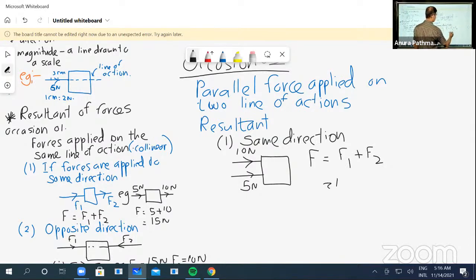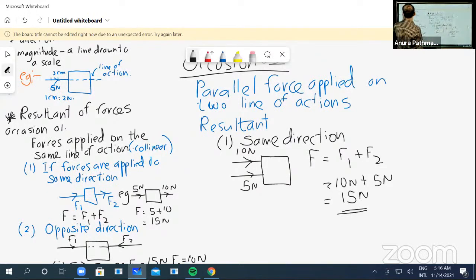Now 10 Newton plus 5 Newton. The resultant is 15 Newton in the same direction. Parallel forces applied in two lines of action, resultant, same direction.